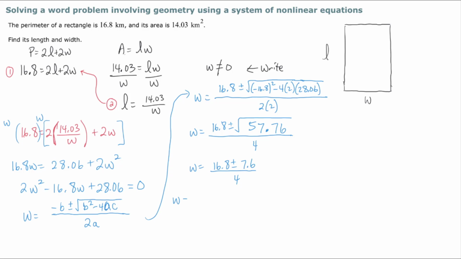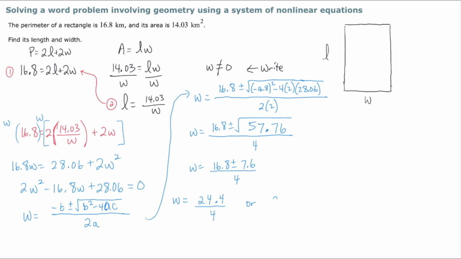So we have two equations now. W is equal to 16.8 minus 7.6, and let me double check with a calculator here since I have it handy. Yes, that's correct, divided by 4. Or we have what? 9.2?